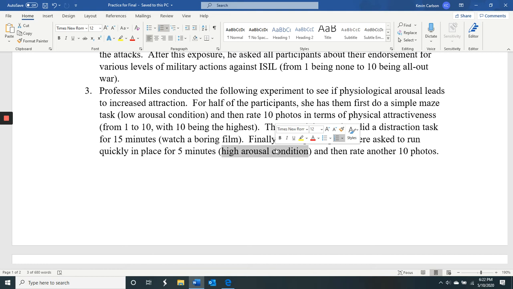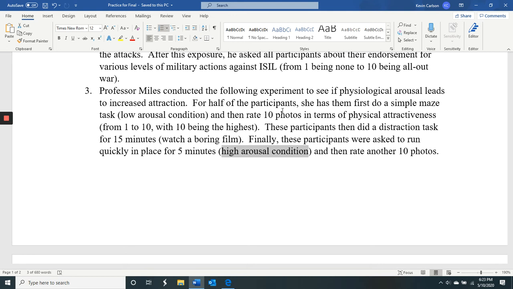And again, obviously, philosophically, these are ordinal. Is higher arousal more than low arousal? However, in these situations, remember, practically, we just want to treat this as nominal. So there's two levels. So we also have to ask, is this between subjects or within subjects?